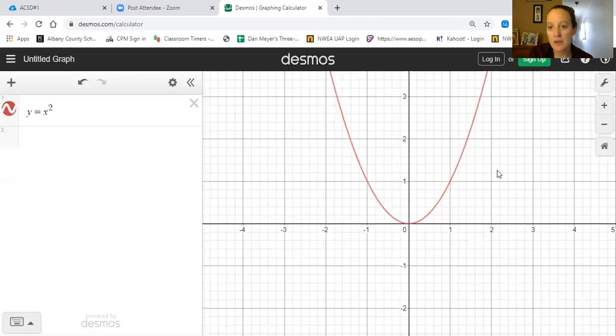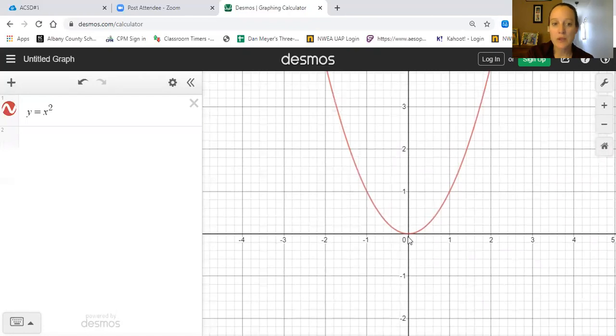On a lot of these, I'm going to zoom in or out because we're going to talk about some critical points. So right here, that is the vertex, critical point, and right here is a critical point. We're going to do 1, 1, and right there is a critical point, and that's negative 1, 1.